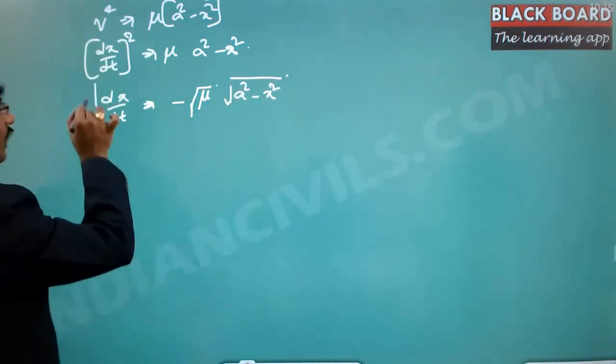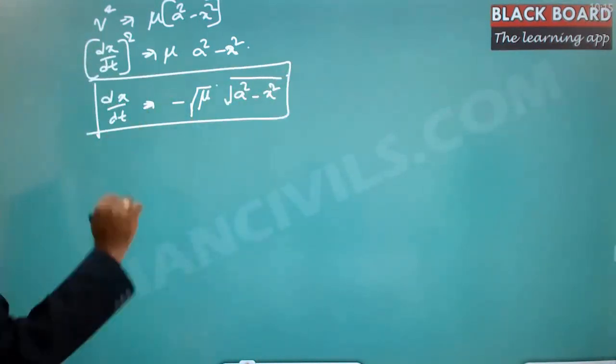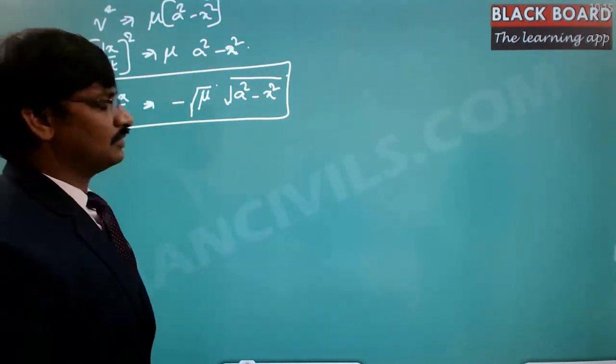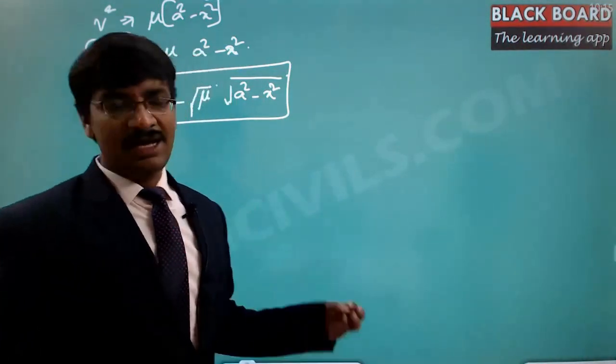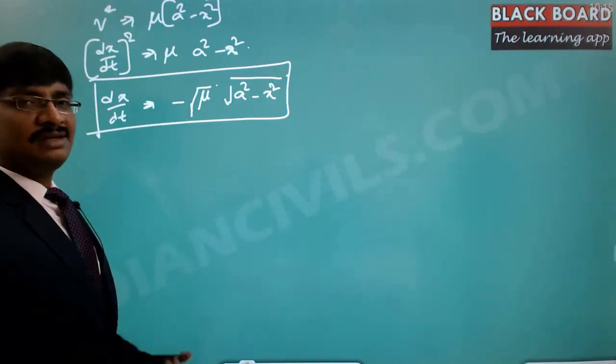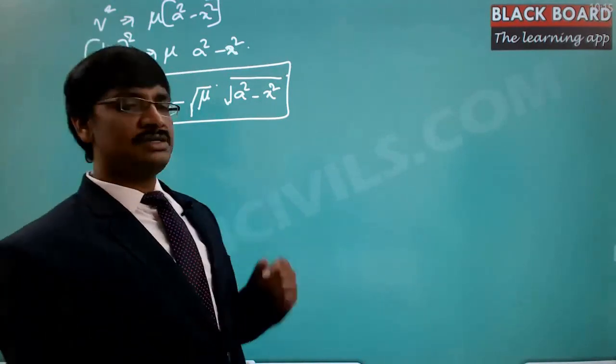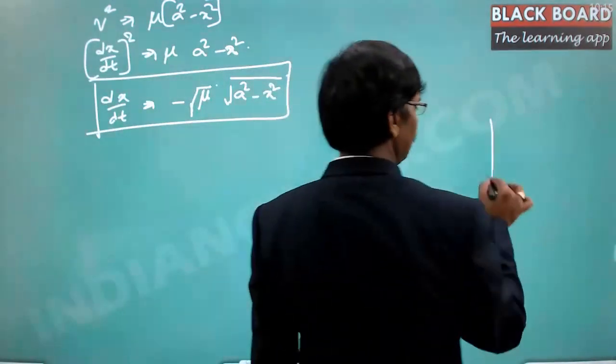I explained previously why we have taken the negative sign. The negative sign is because the velocity is in the decreasing direction of the initial displacement.